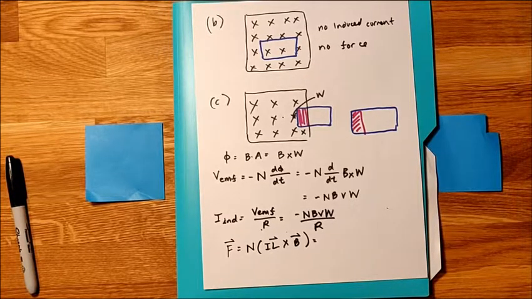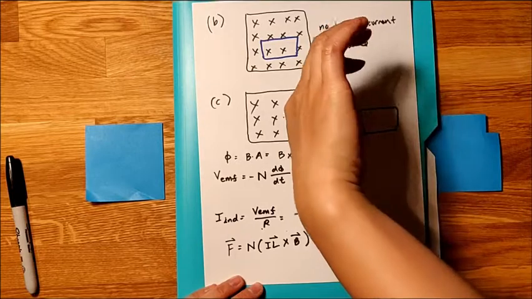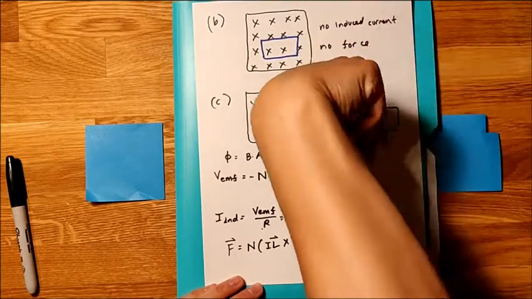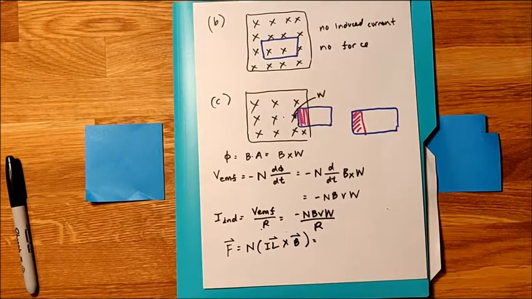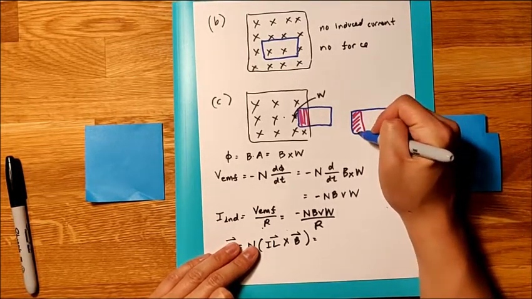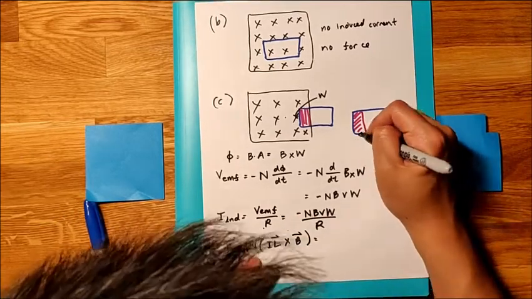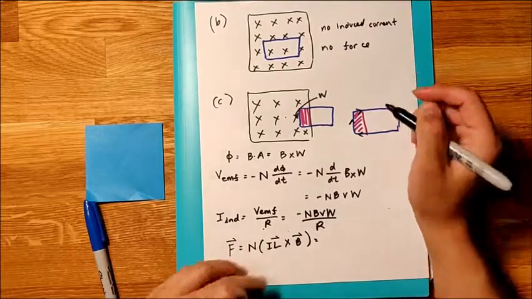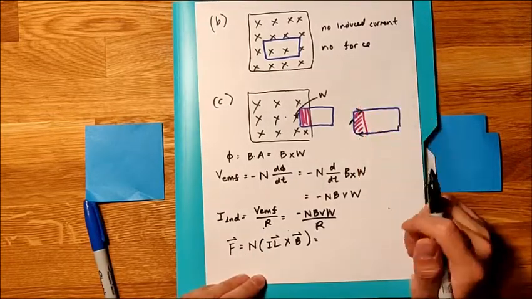So the question is, which direction is the induced current going to be? Well, putting our thumb in the direction of the B field, we will get clockwise. So all that means is this will be the direction of our induced current.